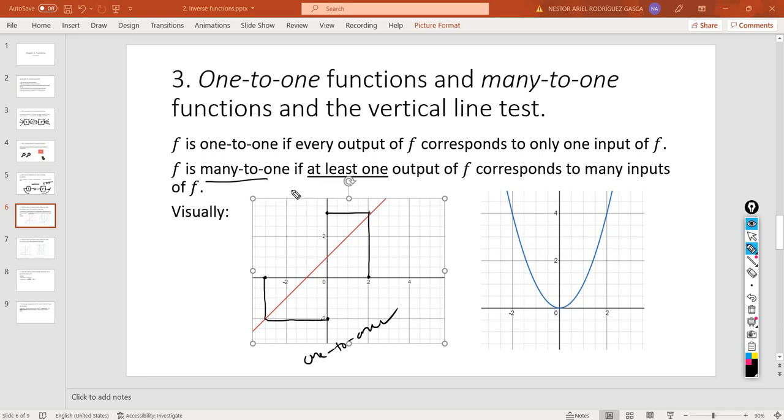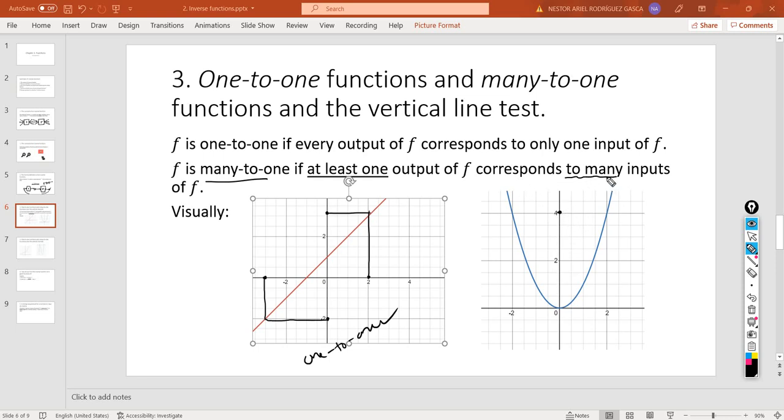What is the definition of a many-to-one function? F is many-to-one if at least one output of f corresponds to many inputs of f. For example, if I choose in this axis for the outputs the number 4, this is one output. We can see that this output corresponds to many inputs.